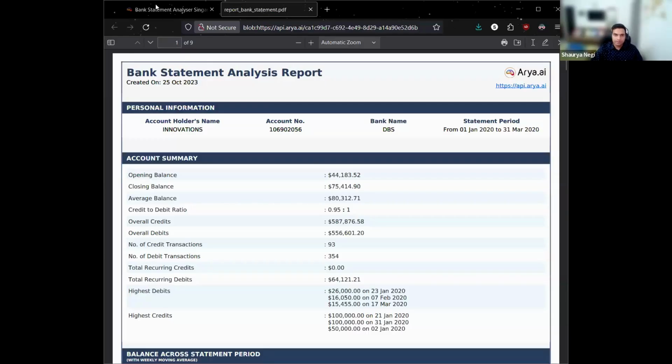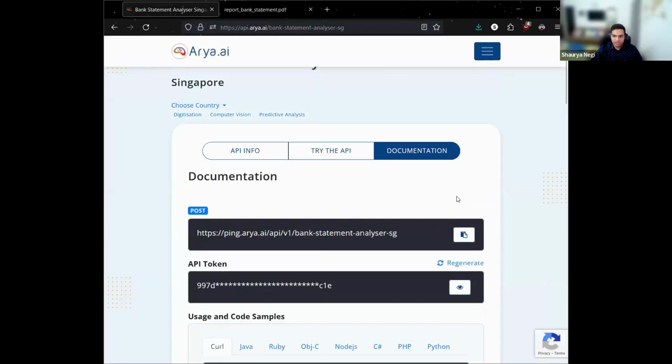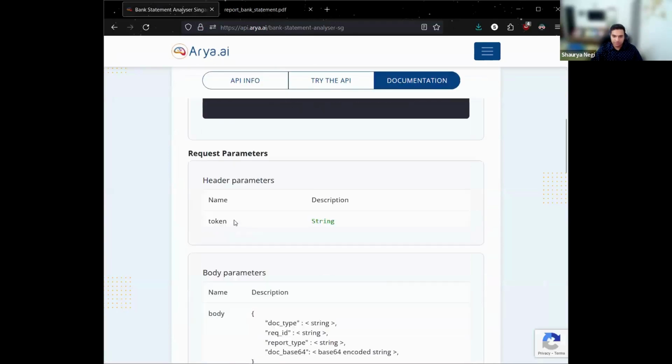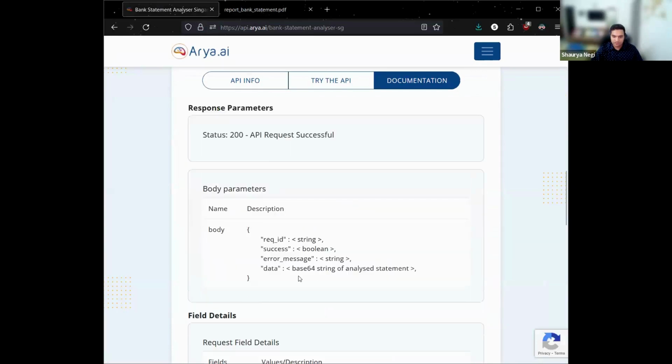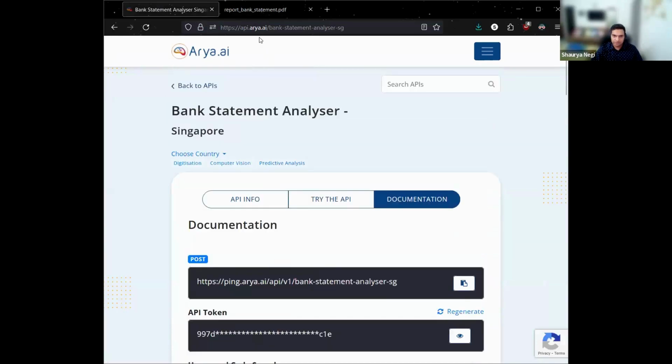Yeah. So I was talking about the documentation API here. So here is the API token which you can showcase and open up, and you can use all this information to extract out the BSA API in JSON response.